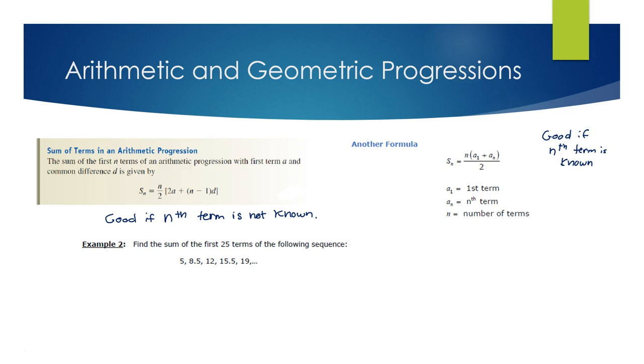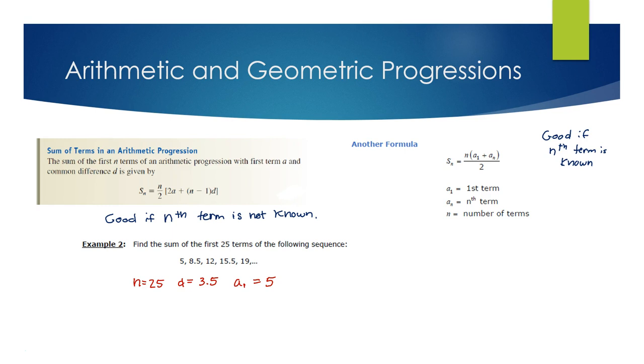Okay, so as I look at this particular problem, if I hadn't done example 1, I would look at this and say, okay, n equals 25, d equals 3.5, and a sub 1, or a, depending on which formula you're using, the first term is 5.